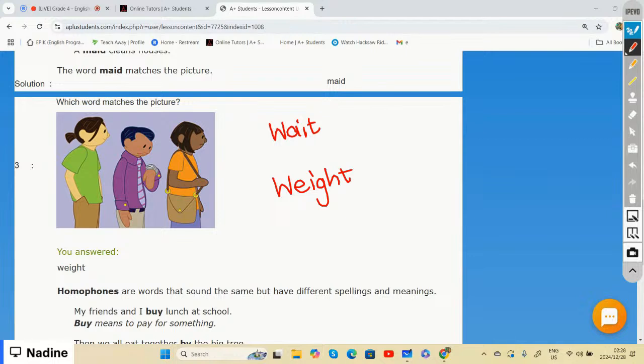Now, if you look at the picture, right, which word matches that picture? We have two words, which are homophones, wait and wait. Both of the words sound the same, which is a homophone. But as you can see, the spellings are different as well as the meanings are different, right? So now you need to match the word, which is wait, with the picture. Which one is correct? Or which word matches the picture?